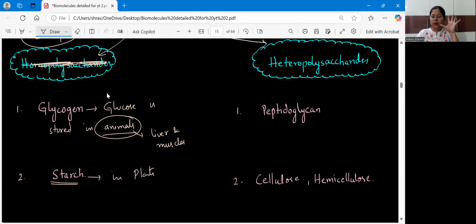And please try to recollect the structure of glycogen. Glycogen is branched. Both glycogen and starch are branched. Glycogen will have a linear branch like this, whereas starch will have amylose like this and then amylopectin. So it has a helical structure as well as the branched, which is amylopectin.